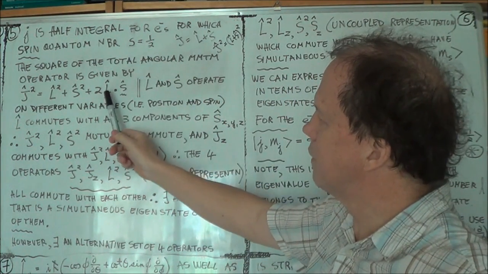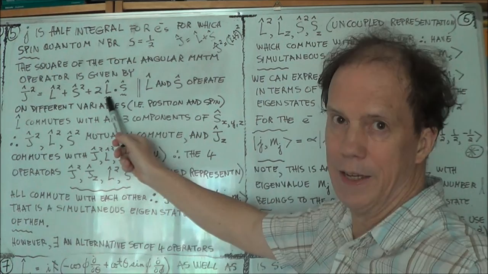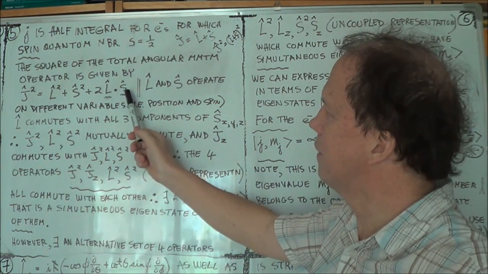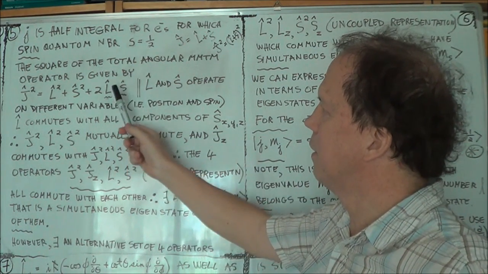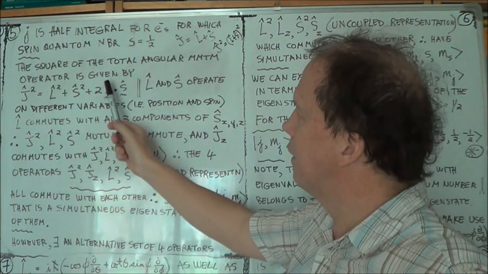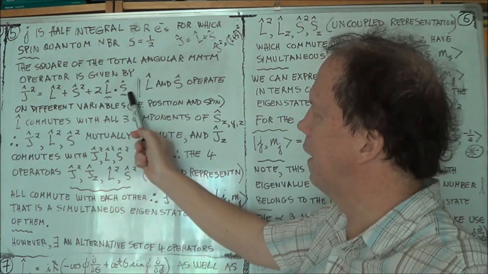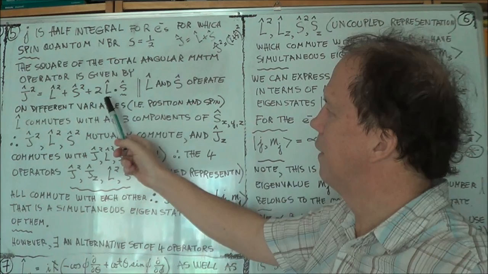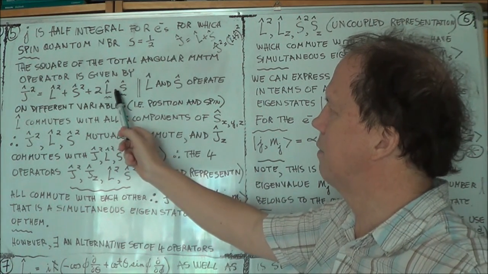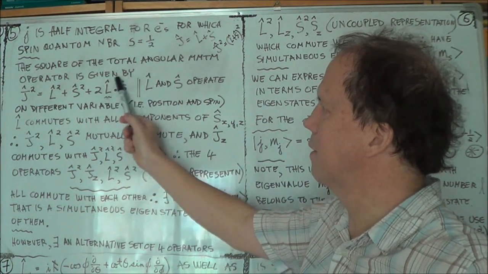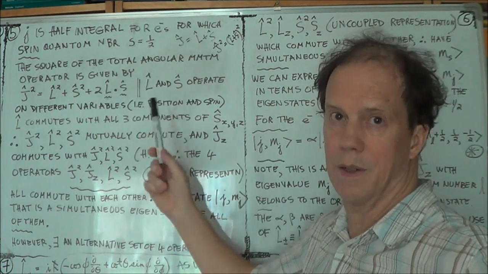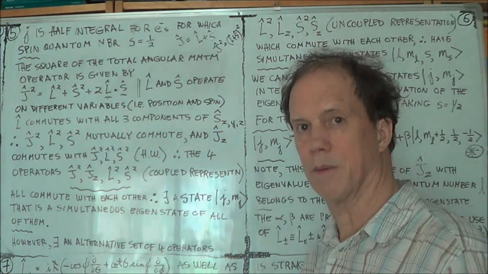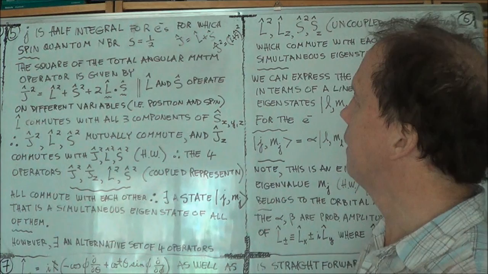So effectively it's Lx hat Sx hat, plus Ly hat Sy hat, plus Lz hat Sz hat. That's all that's meant here, a kind of scalar product, dot product.